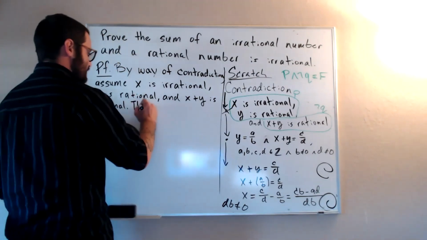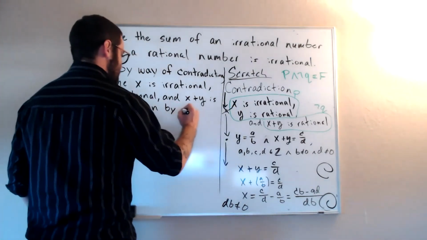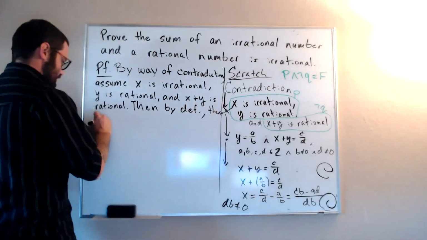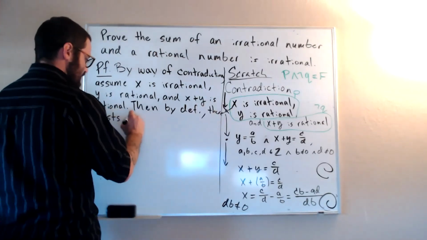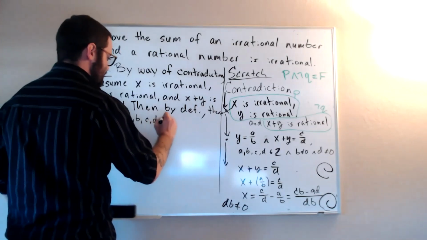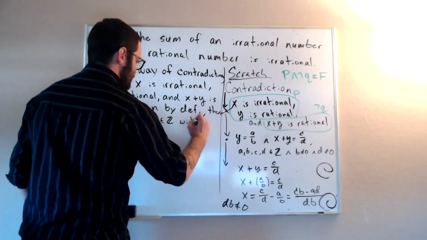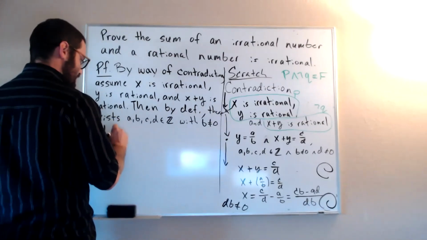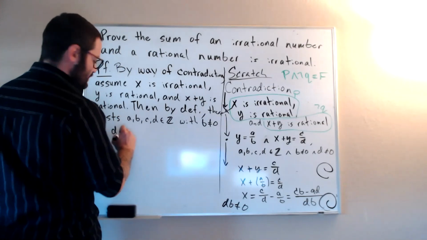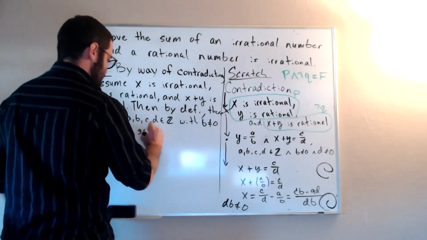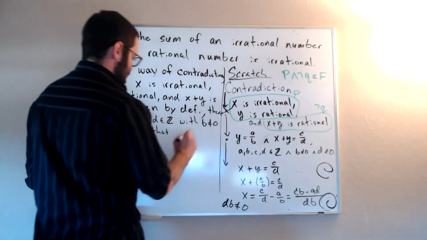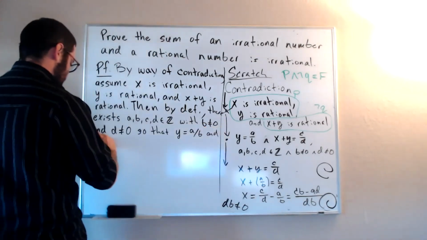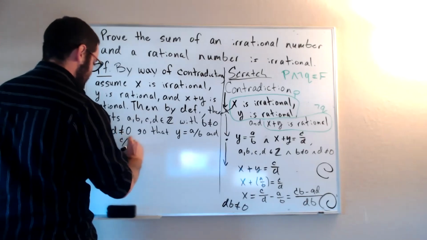So we say, then by definition, there exist integers A, B, C, and D with B non-zero and D non-zero, so that y is equal to a over b, and x plus y is equal to c over d.